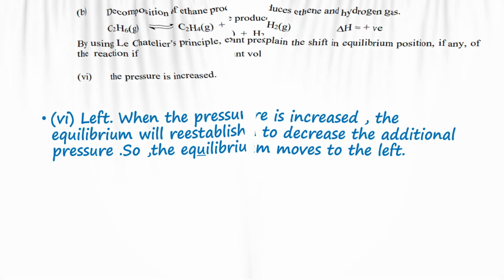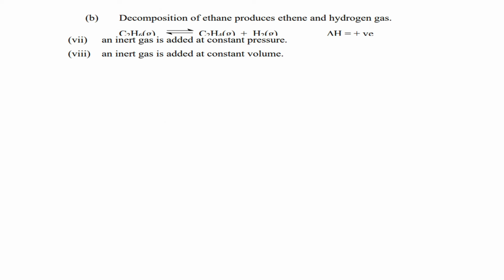Alright, so the last 2 questions. Kalau kita masukkan inert gas at constant pressure. Jadi di sini inert gas is added at constant pressure. So kalau constant pressure, volume of the mixture akan increase. Okay, because constant pressure bermaksud volume dia tidak constant kan.